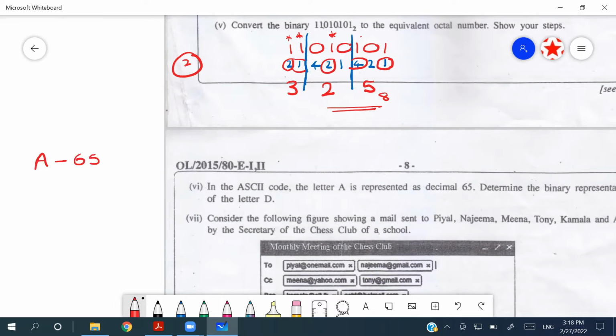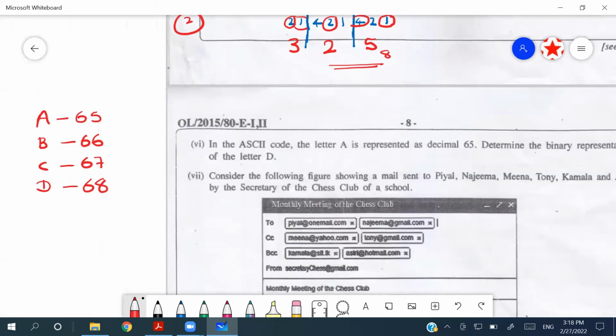Okay, so A is 65, so B, C, D. That means 66, 67, and 68 is going to be the letter D. So how are we going to write the letter D, 68? We can use the place values 1, 2, 4, 8, 16, 32, and 64.